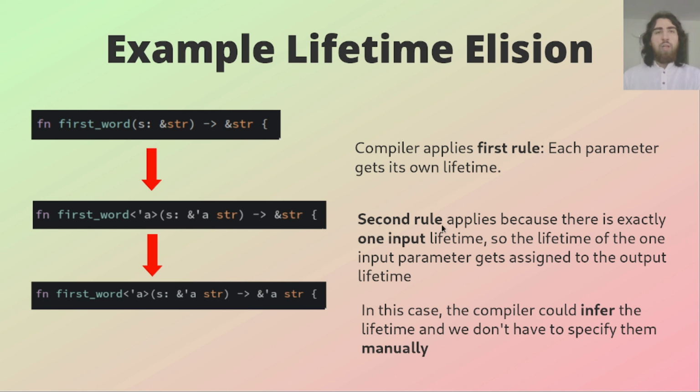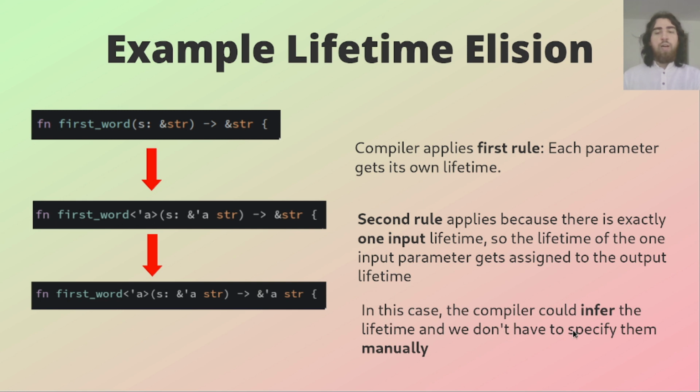So the second rule applies because there is exactly one input lifetime. Again, we have only one argument that is a reference. So this gets assigned to the output lifetime, meaning the output reference here must then be the same reference, right? We are taking a reference, so it must be the same when we are returning a reference.